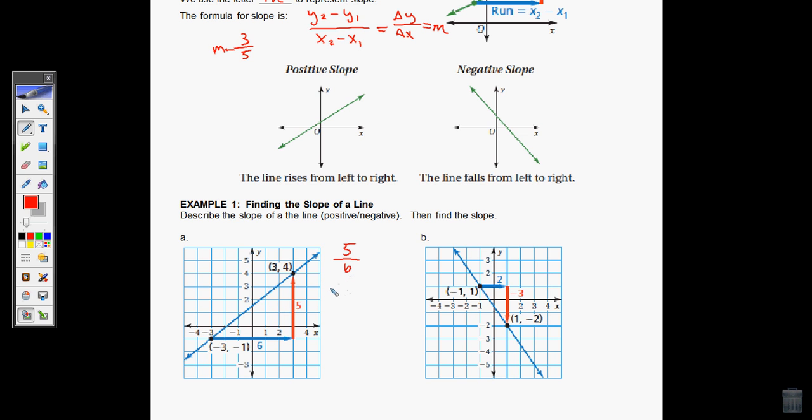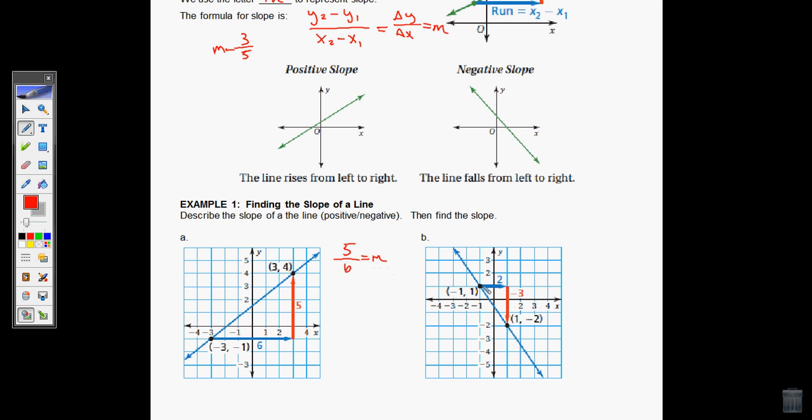So what we call this is rise over run. The graph rose 5 units to the next point, and it ran 6 units to the next point. Rise over run. So the slope here is 5/6.